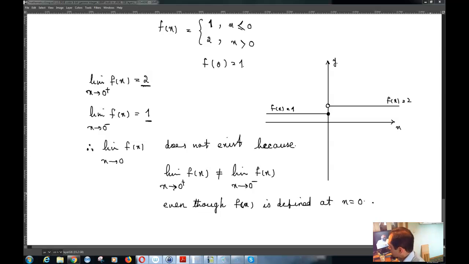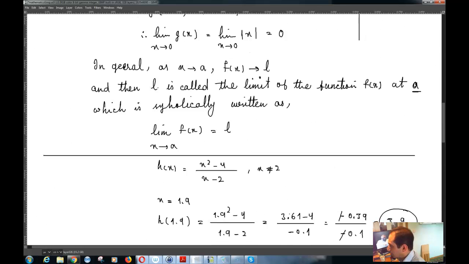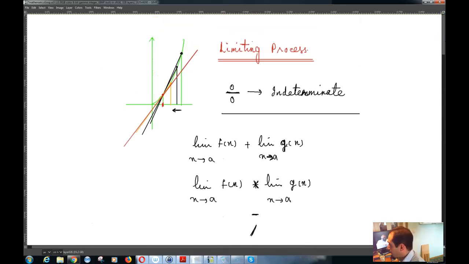So that is another example. Now, as a short summary, let me write it down over here.